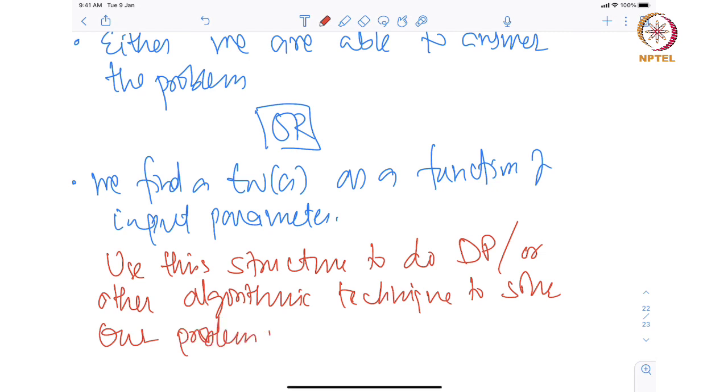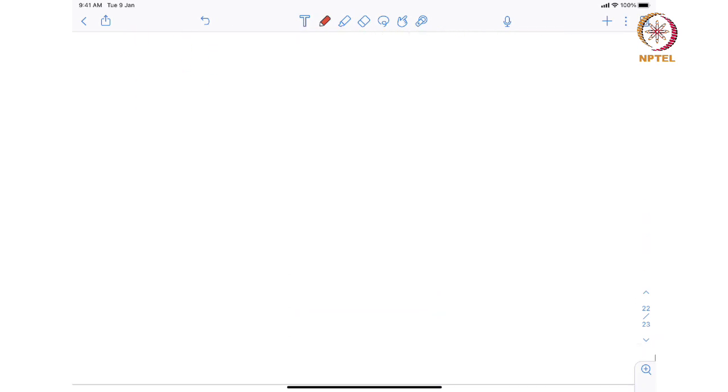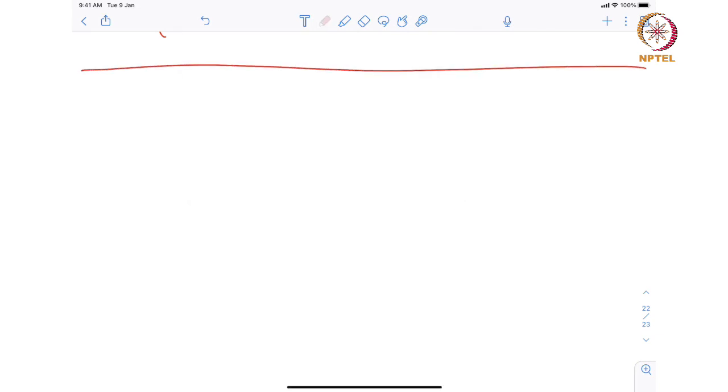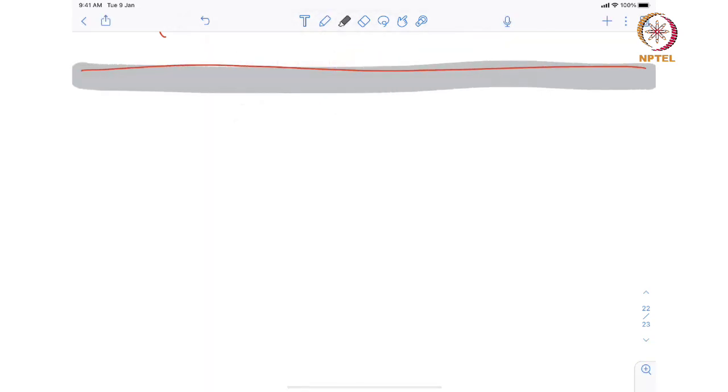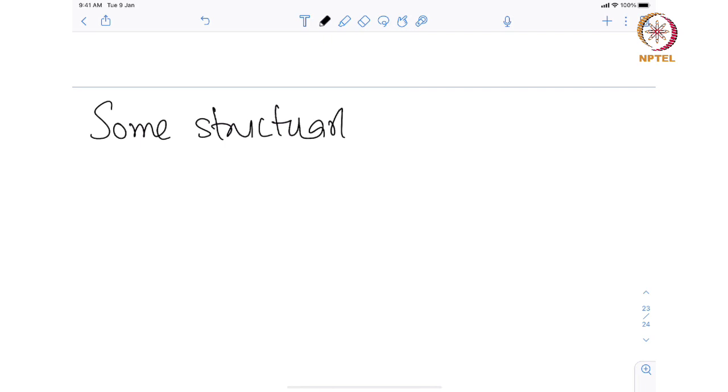I hope this set of 4 or 5 examples has explained to you the importance of tree width and tree decomposition in the design of fixed parameter tractable algorithms. Okay. Now, I will take a small detour and spend some time telling you some structural properties of tree decomposition.